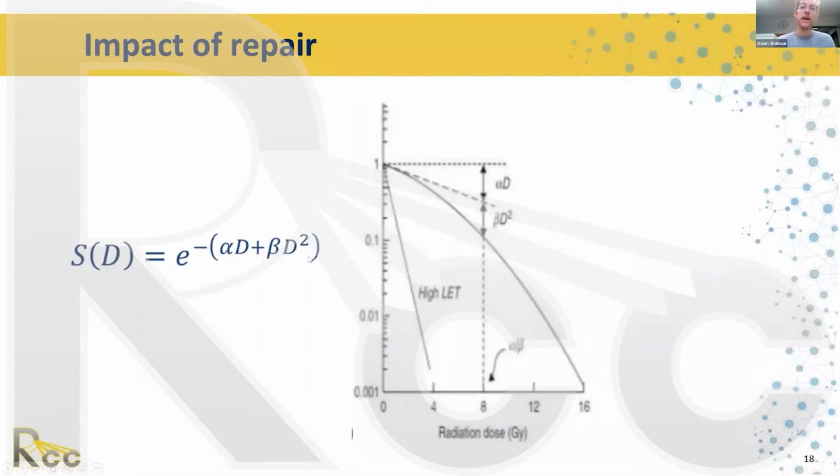If we think about cell death, there were two big areas that we talked about, single strand breaks and double strand breaks. You can think about the alpha component as being single strand breaks, and the beta component corresponding more, not all, but more to double strand breaks.